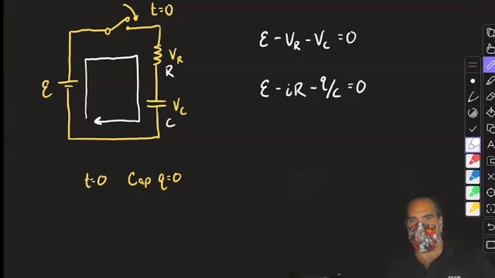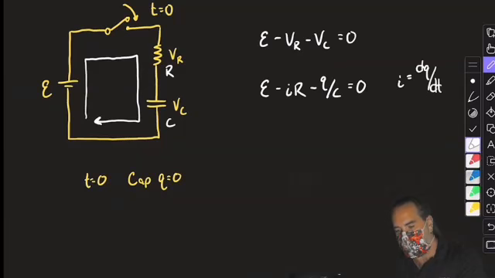Our next step, and what you'll be asked to do on the test, is to create a differential equation that could be used to solve for the current in the circuit, or to solve for the charge in the circuit. For us, we're going to solve for the charge in the circuit first, because our differential, as you guys know, is dq dt. This is how we create a differential equation.